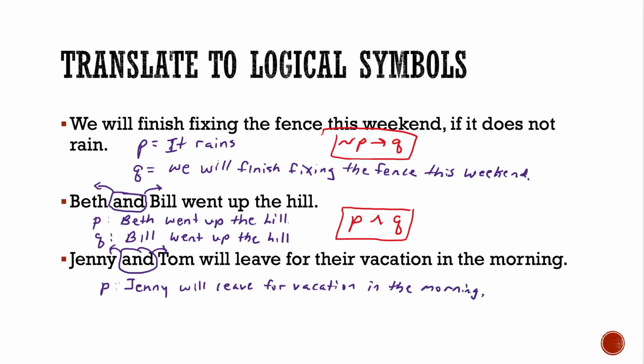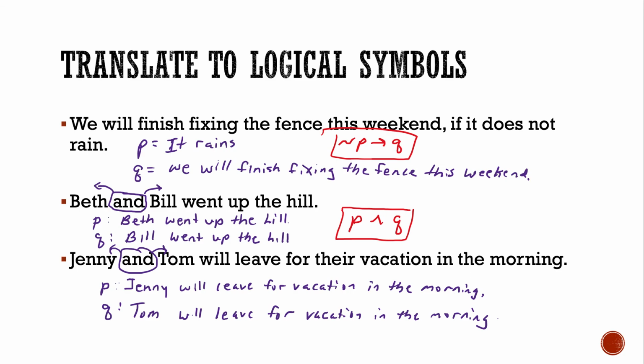All right, statement Q is to the right of the connective. It has to do with Tom. What will Tom do? Tom will leave for vacation in the morning. And then again, we want to write that in our translation for our symbols.